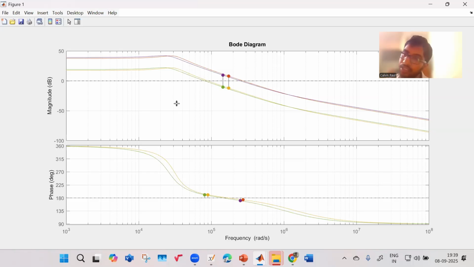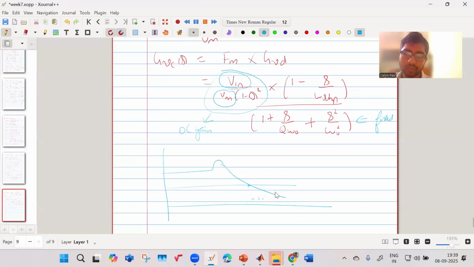In a buck converter, it is very clear. If you change your input voltage, your DC gain will go up and down. But in the case of your boost converter, it is not exactly straightforward. This is one point. Similarly, there is your VM.